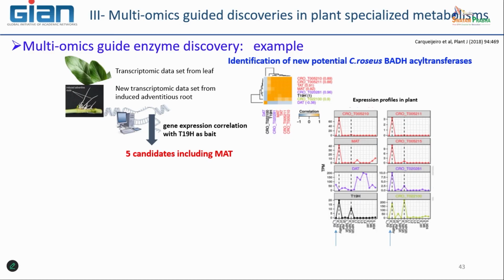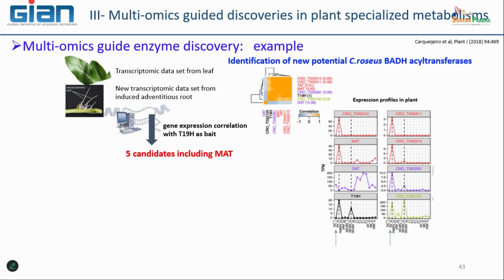And what we did, we took the 4 other candidates, and we developed a study to see where they are expressed, because we had taken the whole transcriptome, including leaf, roots, and so on. So we also looked at which organs these 5 transcripts are really expressed in.